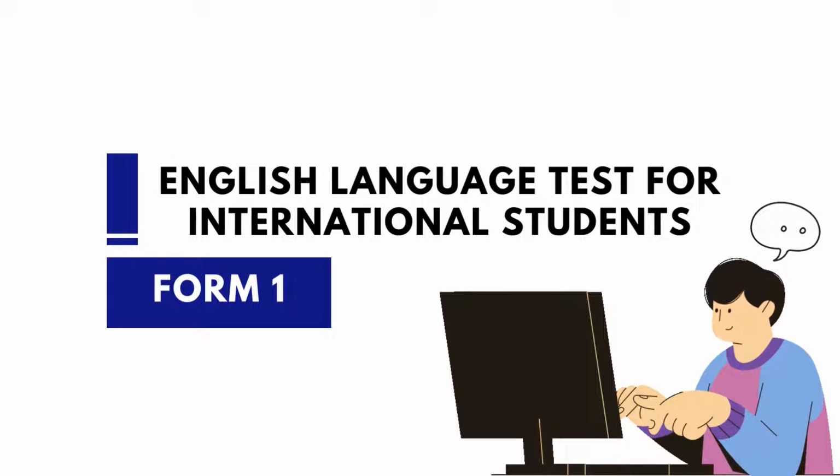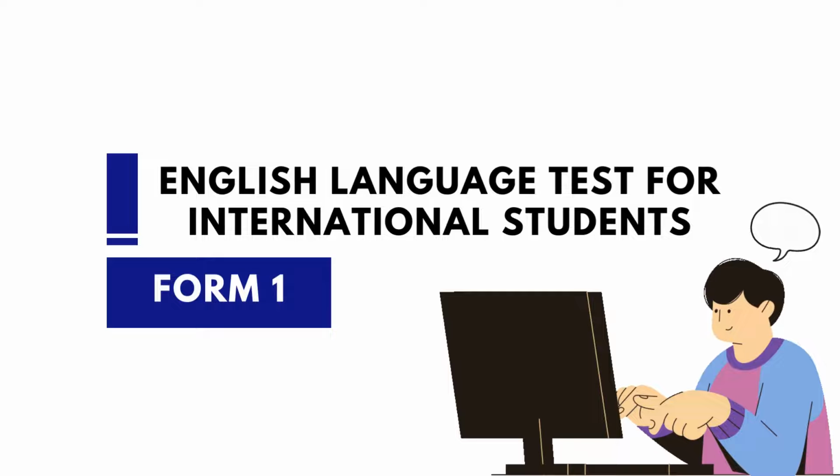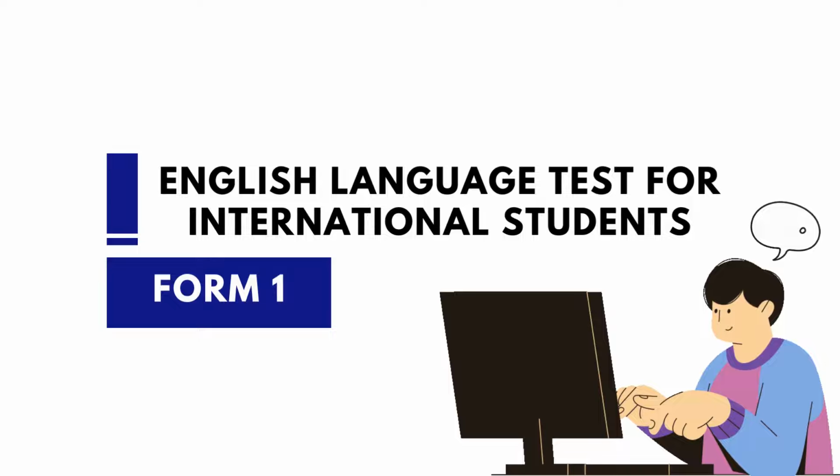Number 14. What is Omar Khayyam most famous for in the West? A. His calendar. B. His astronomical observatory. C. His poetry.